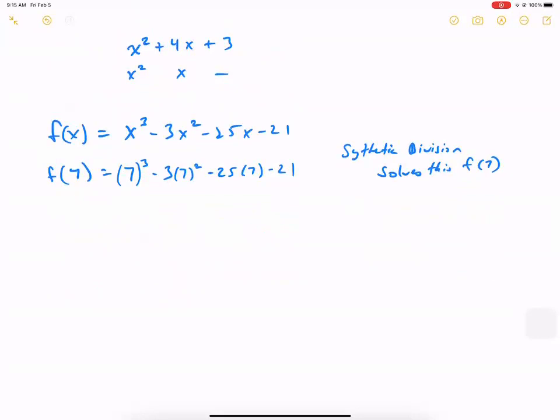Now, I want you guys to do synthetic division again: 1, negative 3, negative 25, and negative 21. I'm going to actually do the work here by hand, and we'll see which of us can get the final answer faster. I get it, we just did it, but do it again by yourself. And I'm going to go ahead and do it the classic way. Okay, go ahead. 3, 2, 1, get started.